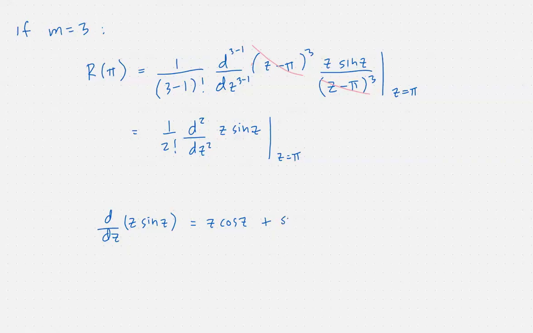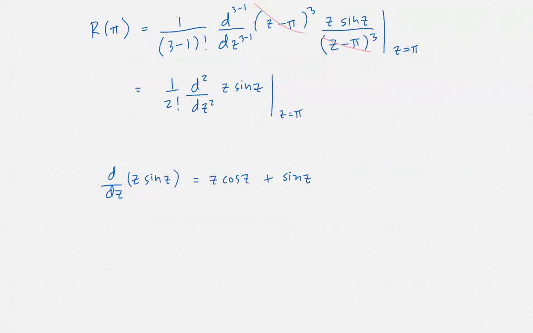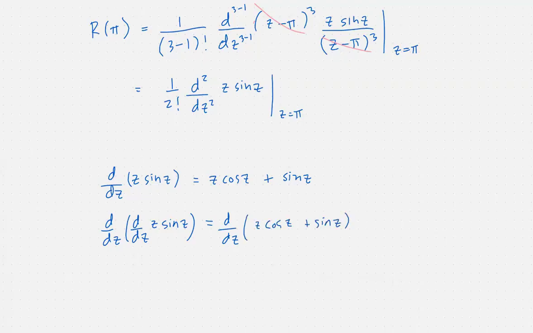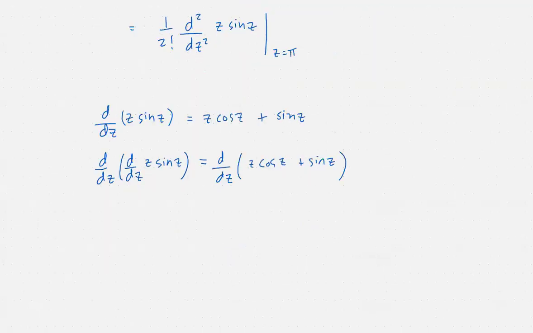Now take the derivative of that result. So we have z times negative sin z, the derivative of cos z, then plus the derivative of z, which is 1, times cos z, and then the derivative of sin z is just plus cos z.